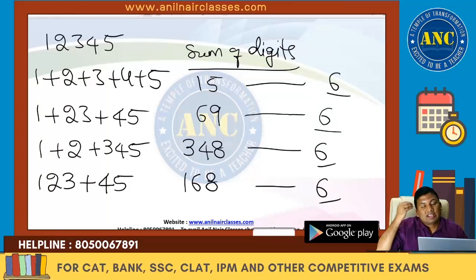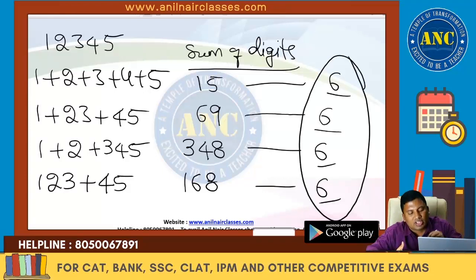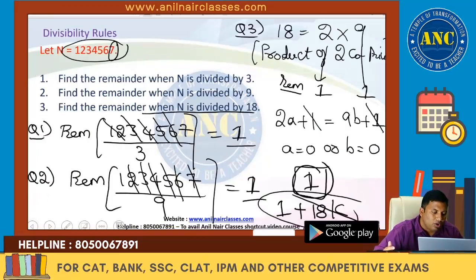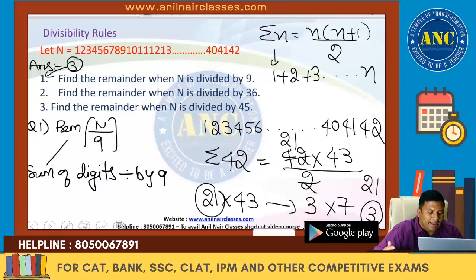So instead of taking individual digits or a combination of 2 digits or a combination of 3 digits, the end result remains the same. So your doubt of taking individual digits 1 plus 2 plus 3 plus 4 plus 5 plus 6 plus 7 plus 8 plus 9 plus 1 plus 0 plus 1 plus 1 plus 1 plus 2 is equivalent to taking 2 digits at a time, or 3 digits.